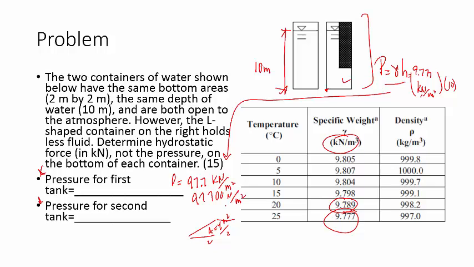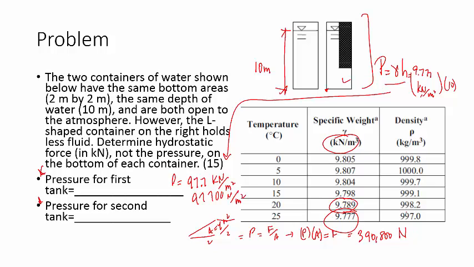Okay, so remember that pressure is force divided by area, so pressure times area is force, so 97,700 times 4, 390,800 newtons.